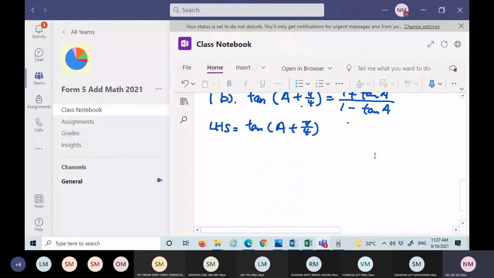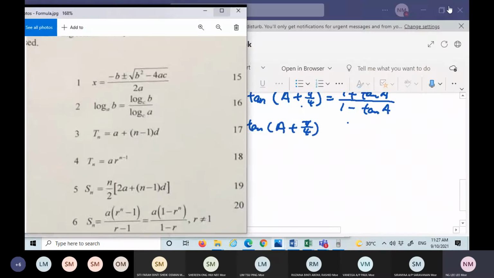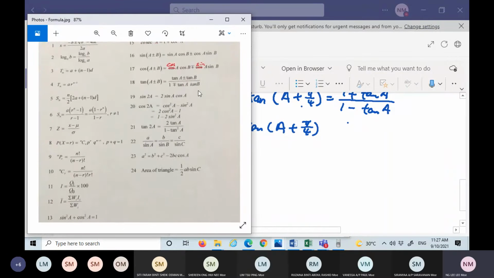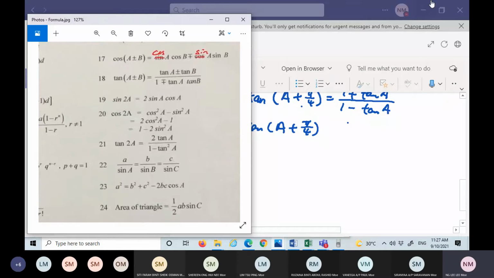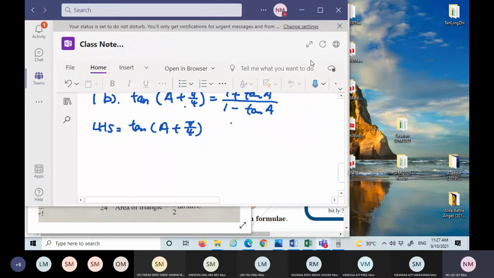I better show you this formula still, because this is the one going to be given during the exam, not the textbook. So it's better for you to get used to this formula rather than the textbook formula.